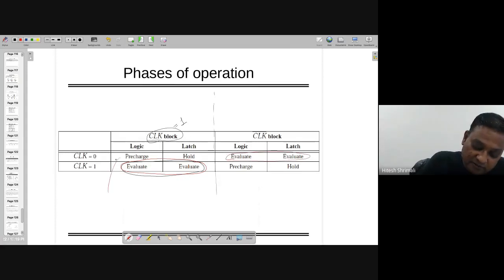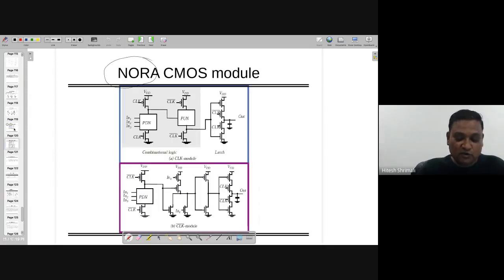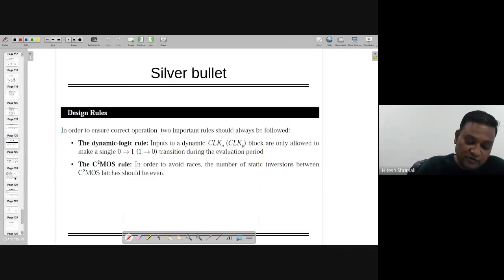However, in other phases, it's going to be precharge and hold. The logic is going to precharge, and wherever the latches are there, they are going to hold the previous value. So this is what we can design with a race-free NORA CMOS module, and you can use the C-square MOS latch, and you can give the proper input, going from 0 to 1 or 1 to 0, depending on what you are doing.